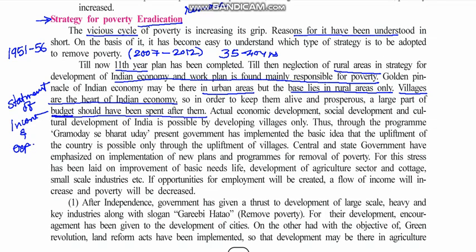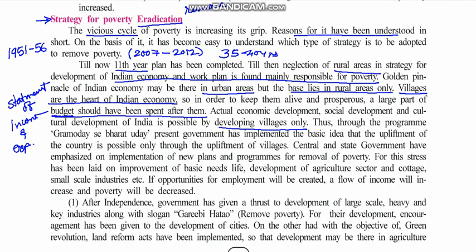So a large section of the budget should have been spent on the rural people, but that was not done, and due to it the economy of the rural areas deteriorated and poverty rose. Actual economic, social and cultural development of India is possible by developing villages. If villages become self-reliant, the country will become self-reliant.